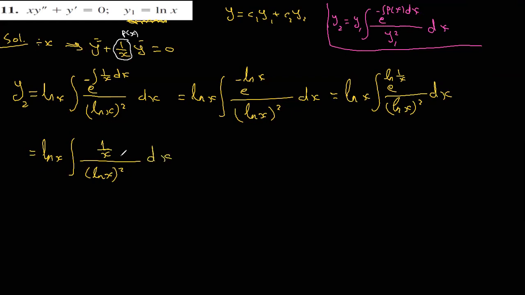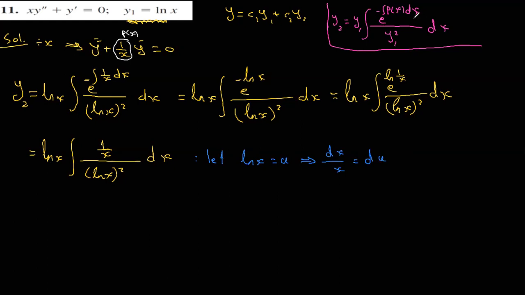How to find the value of this integral? How to integrate this function? Any help to find the integral? We will assume that ln x is u. Great. Let ln x equal u. That will give me dx over x equal du. Am I right here? So let me substitute now.